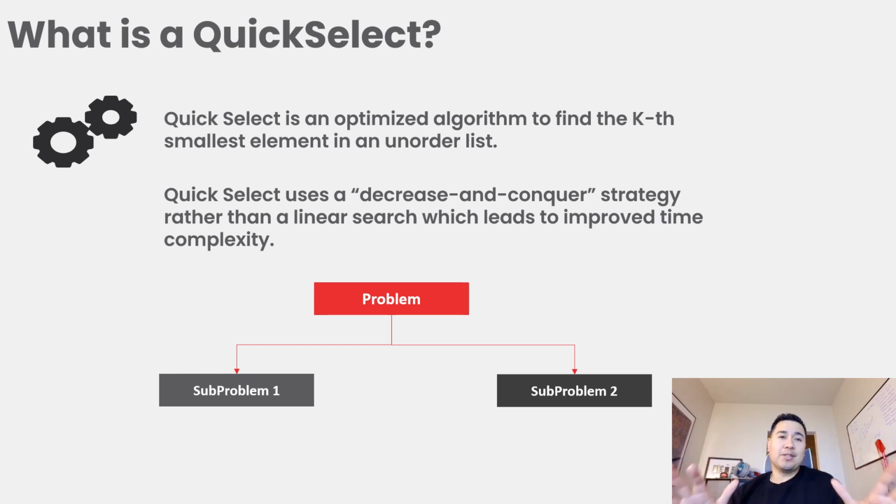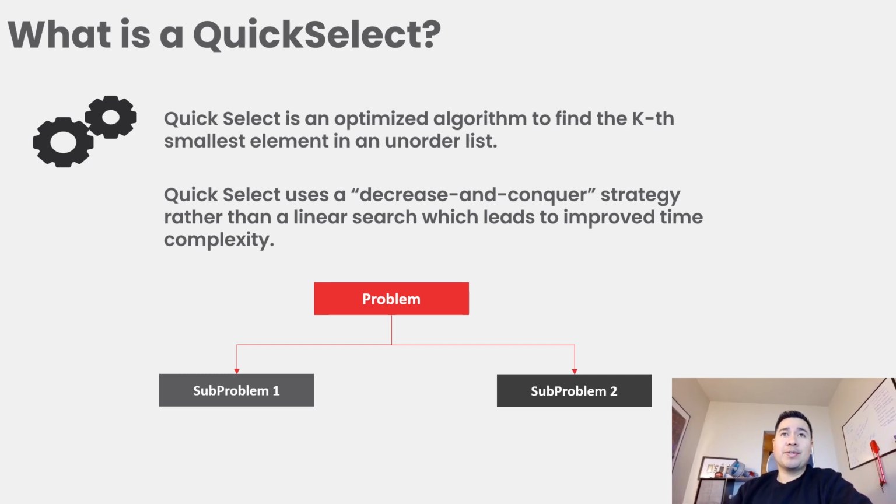That's literally the beauty of the algorithm. As we'll see in a little bit, as it partitions the array into the appropriate sections, we're breaking that problem down into a smaller, more manageable problem. So that's, at a high level, the overall strategy of the algorithm: the decrease and conquer strategy.